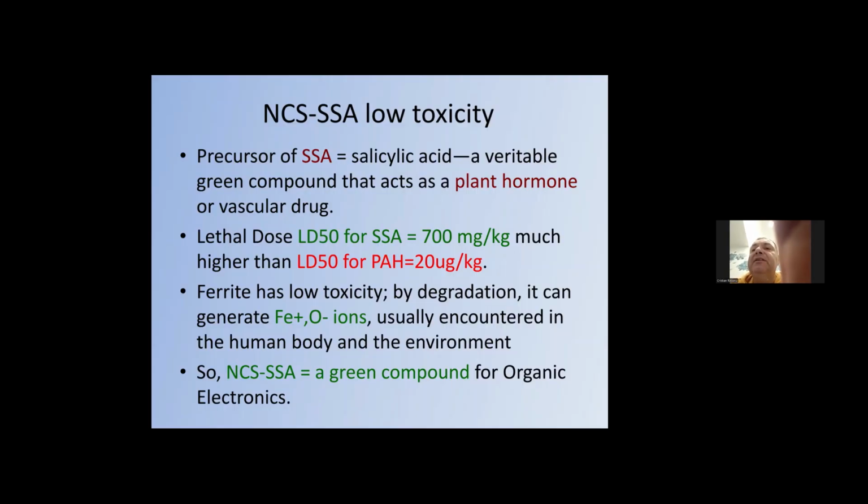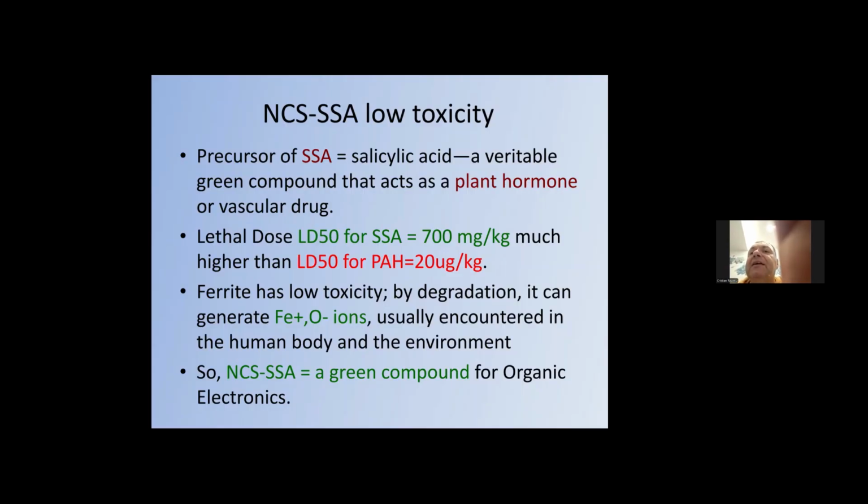It acts in plants as a plant hormone or vascular drug. Obviously, as I said before, if applied in concentrations higher than natural and normal, it can become a poison, but we will extract this immediately.